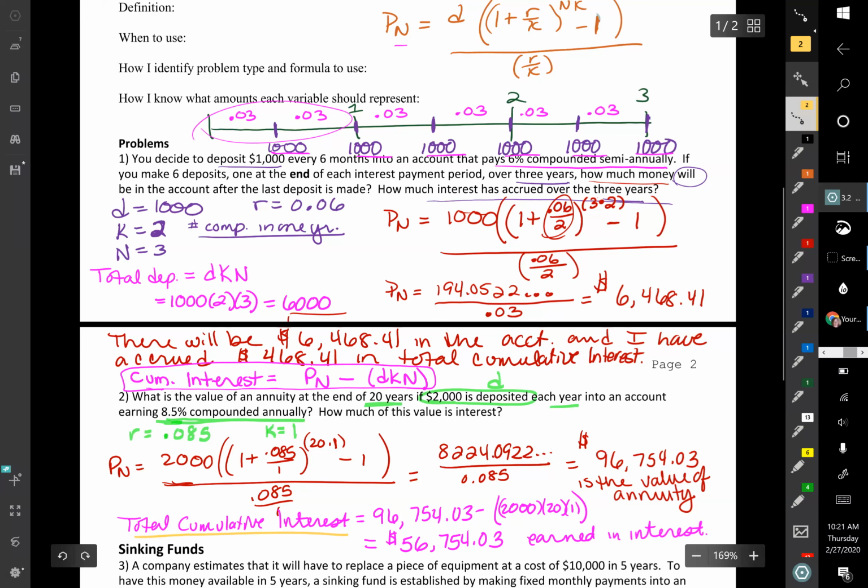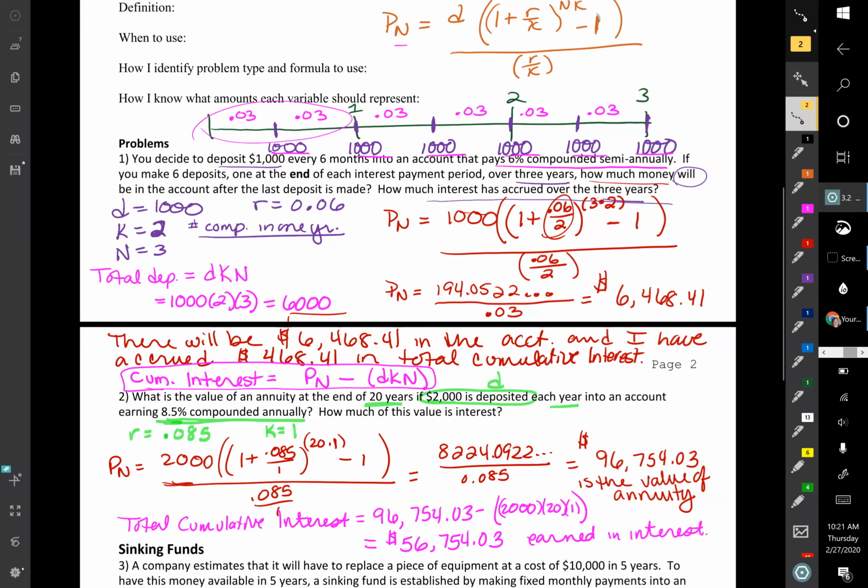Then total cumulative interest, I have to take that piece of N, so my future value, minus what I put in. So I put in $2,000 every year for 20 years. So that's the 40,000, and subtract that, I get $56,754.03 is earned in interest.